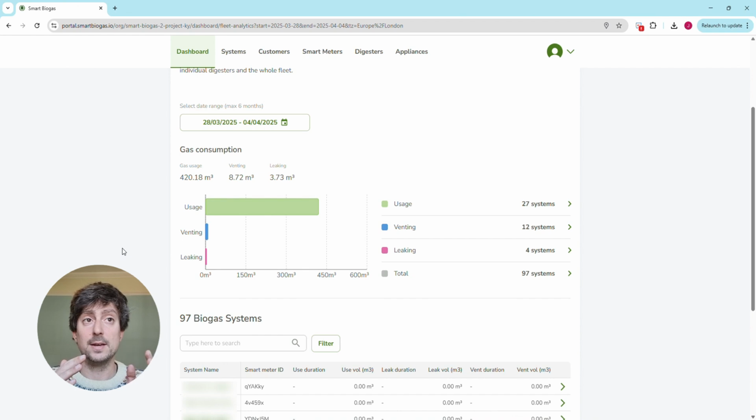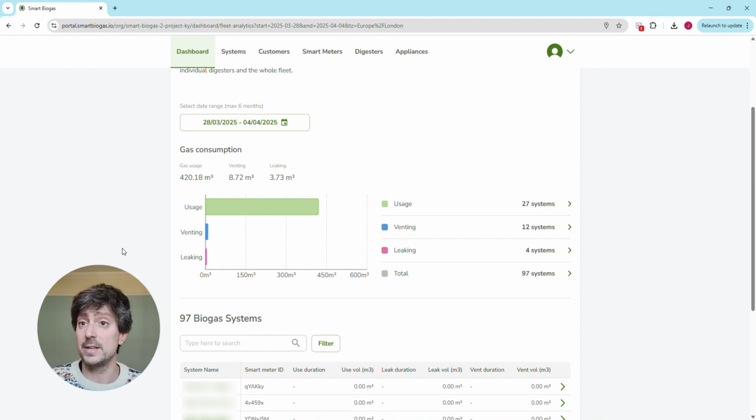We can only detect leaking events that are downstream of the smart meter. If there is a leak towards the digester end of the smart meter, then the smart meter is not going to pick up the flow, and we won't be able to detect the leak. But anything that's downstream, so more towards the appliance side, if there's a leak at the stove, we should be able to pick it up, and it will be displayed in this system.